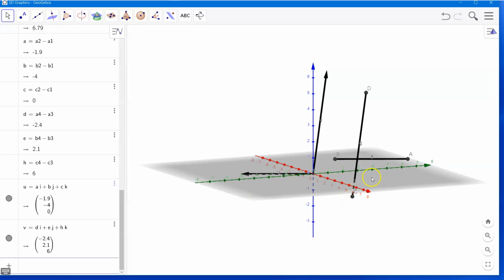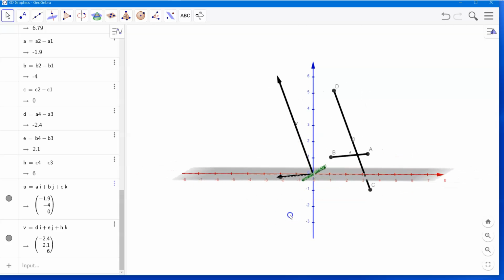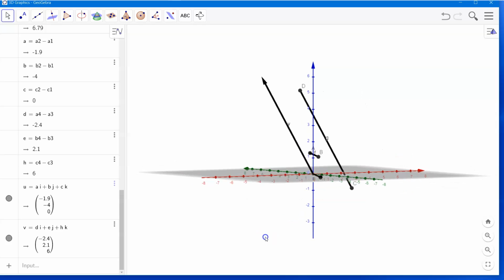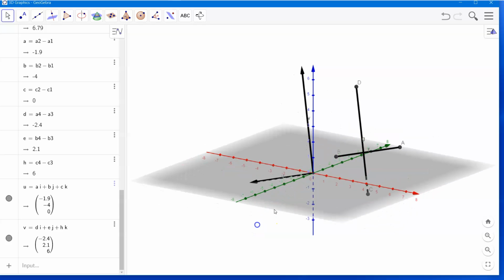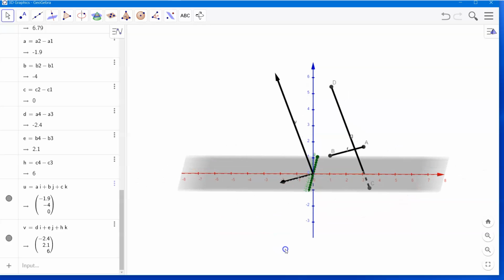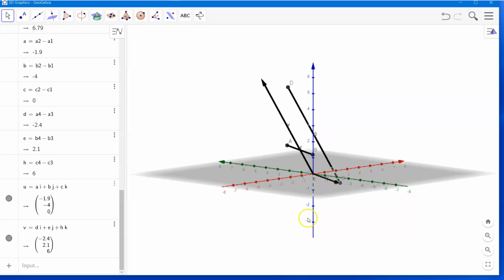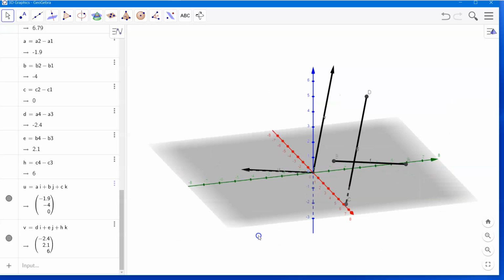Now if you see, AB and this vector are parallel, and these two are parallel, CD and vector v. Now these vectors start from the origin. So now it's easy for us to figure out the angle between these two vectors, and that would be the angle between those two lines.